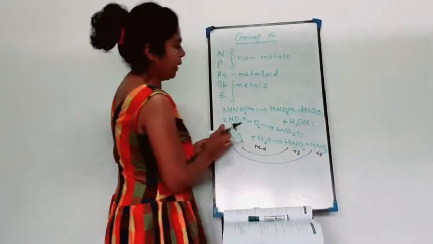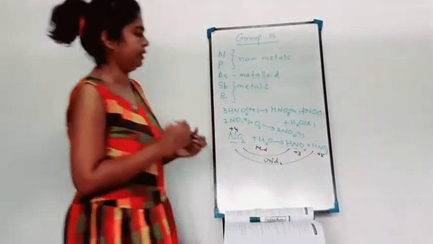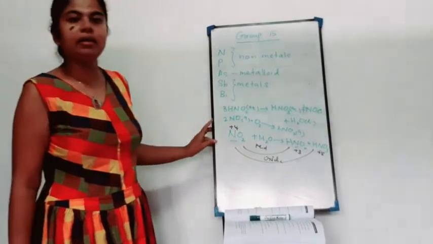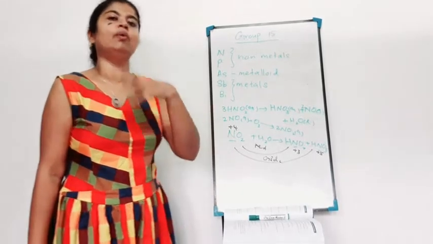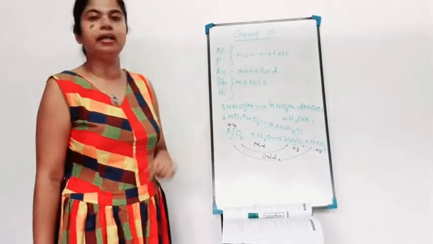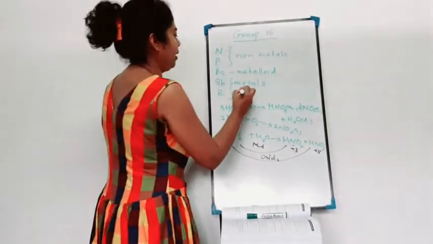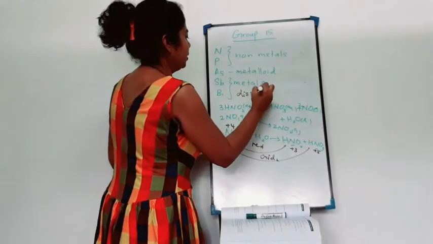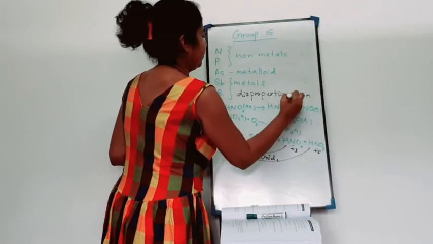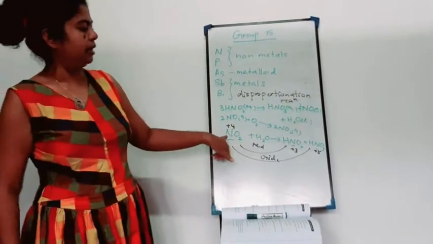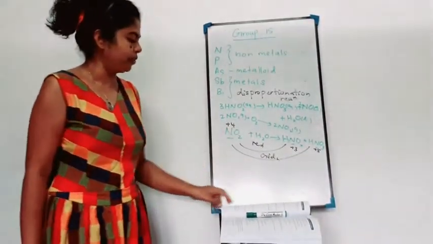Then +4 to +5 is oxidation. The same species undergoes oxidation and reduction. That kind of reaction we call a disproportionation reaction. I think you have heard that word. The same species undergo oxidation and reduction. That is one example of disproportionation.